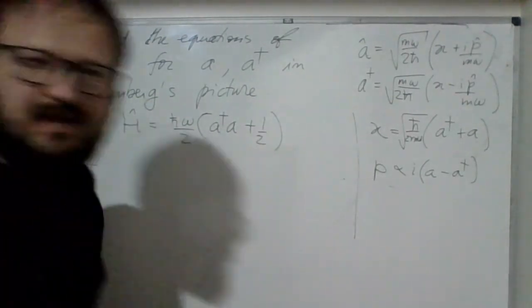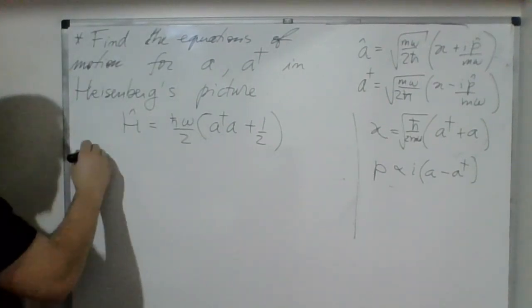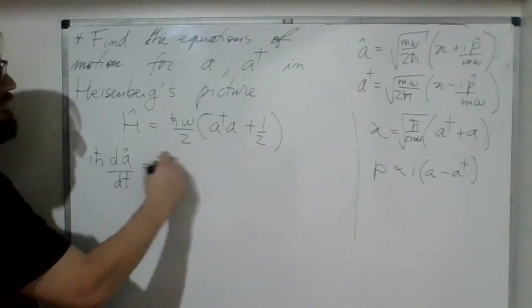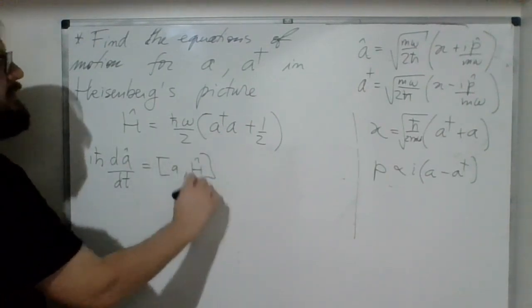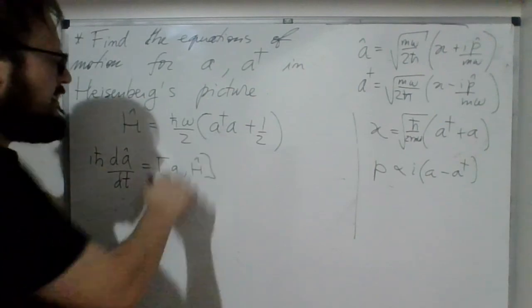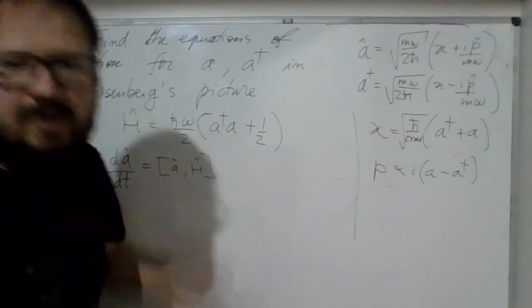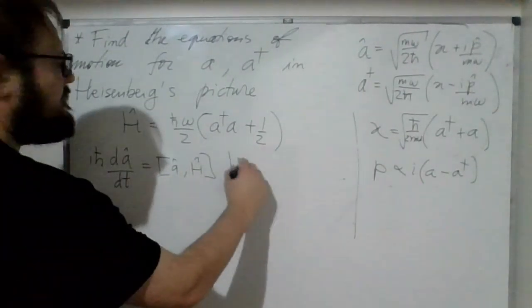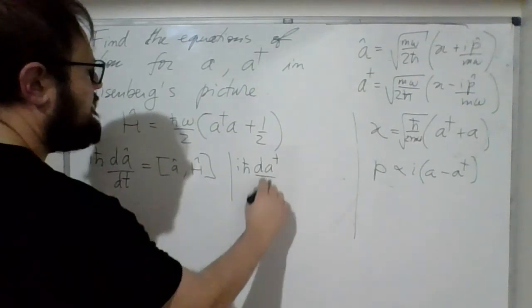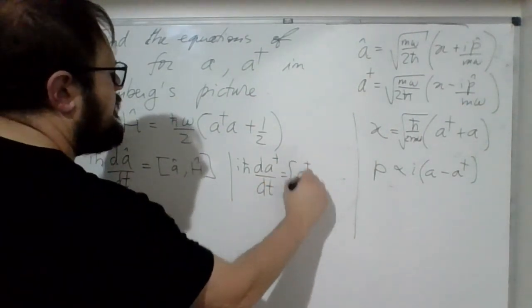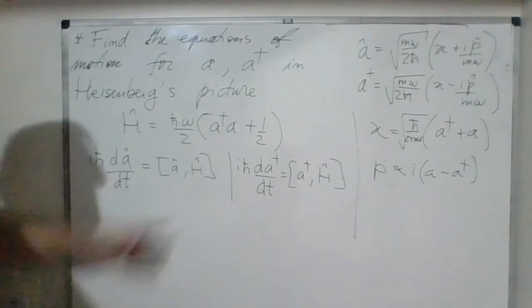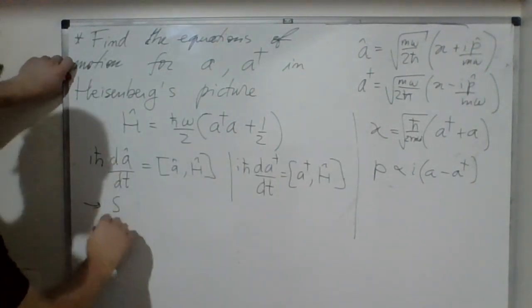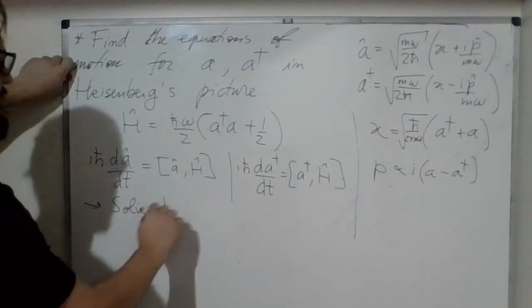You have the commutators, and of course, you just need to calculate something like this. That's why you need to calculate the commutator of this operator with the number operator. You can calculate that. Also, you can calculate the equations of motion for A dagger. So that's what you need to find out, and you can solve these equations. It's really easy. Solve the equations.